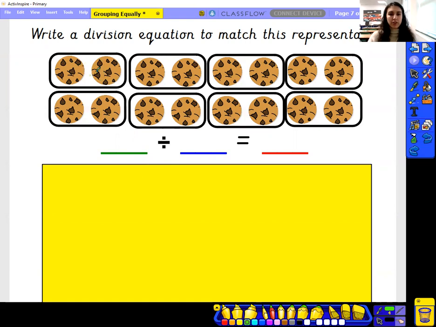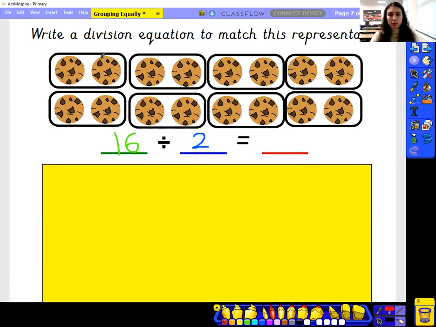So I know that I will have 2, 4, 6, 8, 10, 12, 14, 16 cookies to start with. So I've got 16 cookies, and I am dividing them into groups of. So groups of how many cookies are in each of my groups? Well, they've all got 2, haven't they? So 16 cookies divided into groups of 2 equals how many groups of cookies?